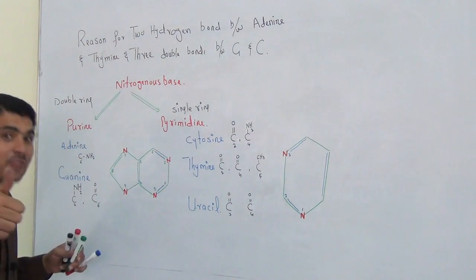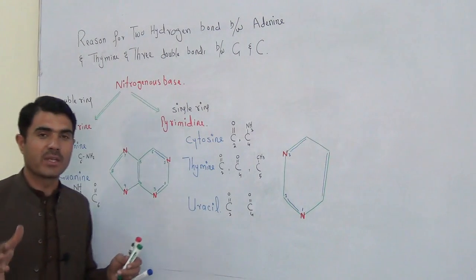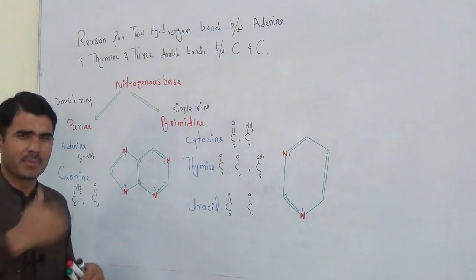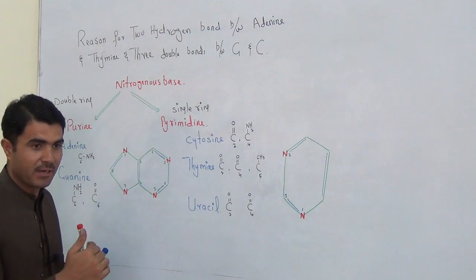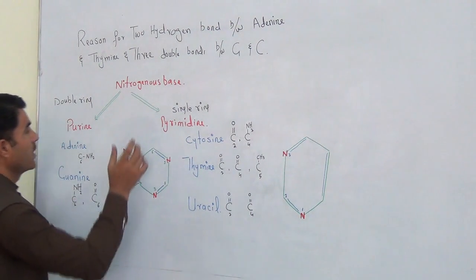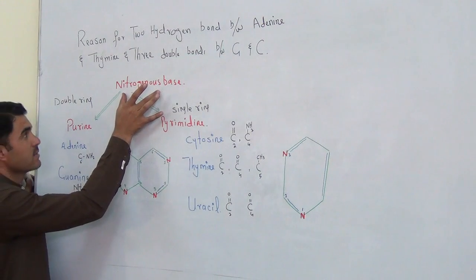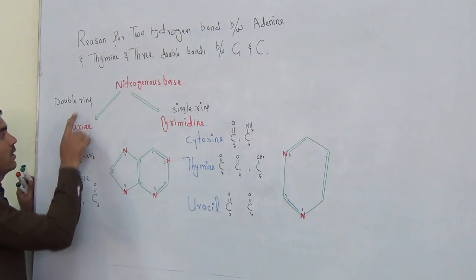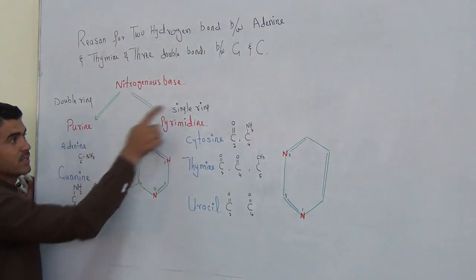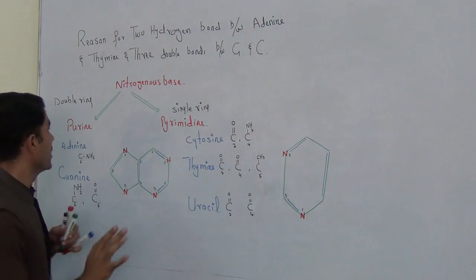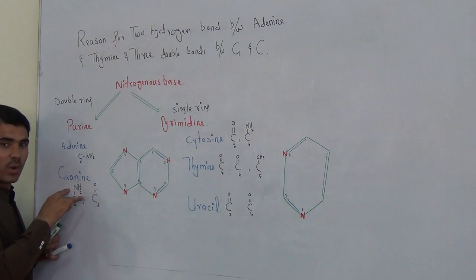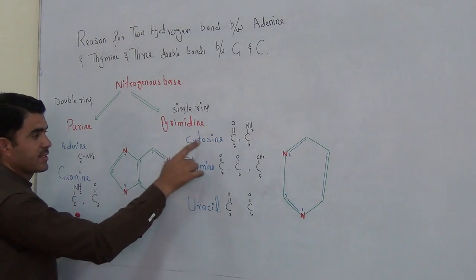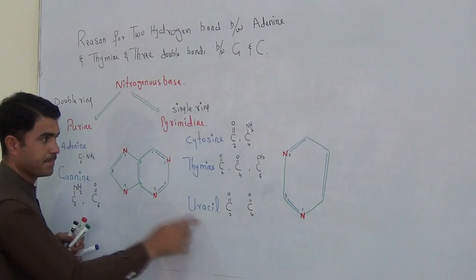So here, once again for you, we are discussing nitrogenous base, but in a little bit more detail, because it makes the difference from the higher level and the lower level class. A nitrogenous base is of 2 types, as you saw: double ring purine, single ring pyrimidine, right? Purine may be adenine or guanine, and pyrimidine may be cytosine, thymine or uracil.